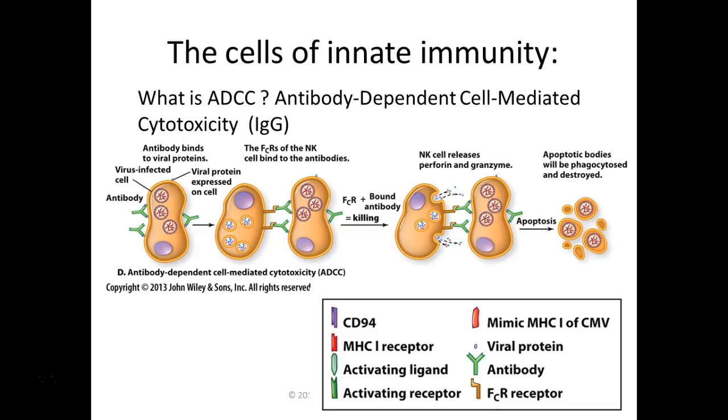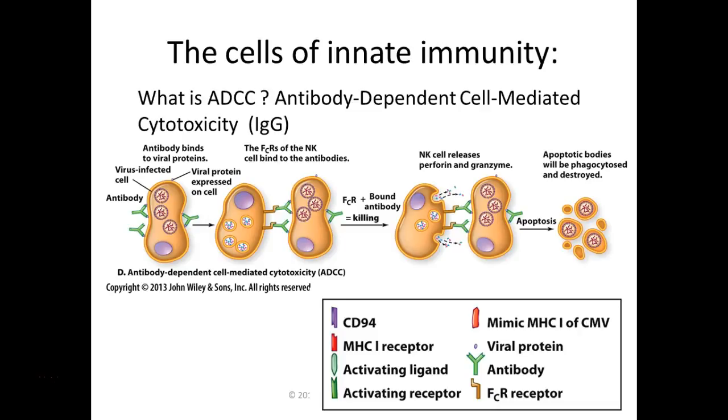Okay. The last one is the last protective outcome that antibodies with natural killer cells can do. So again, this is a product of our adaptive immune system, specifically IgGs. We produce these antibodies, and think about this, when a virus gets inside of our cells, especially if it's an enveloped virus, it starts putting its proteins in our membranes, right?